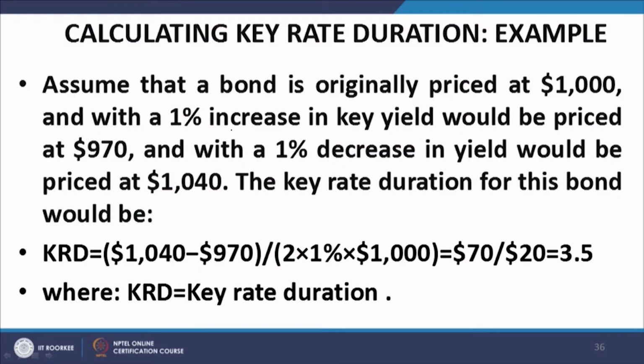Calculating key rate duration is a trivial example, but nevertheless let us do it. Assume that a bond is originally priced at $1,000 and with a 1% increase in the key yield, whatever that key rate is, it would be priced at $970, and with a 1% decrease in yield would be priced at $1040.